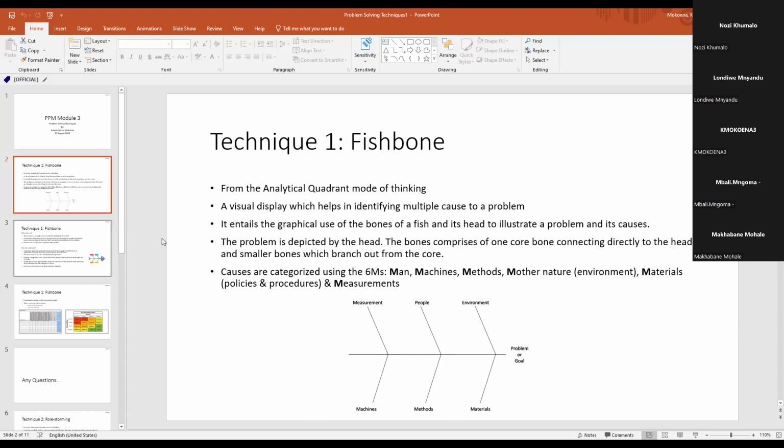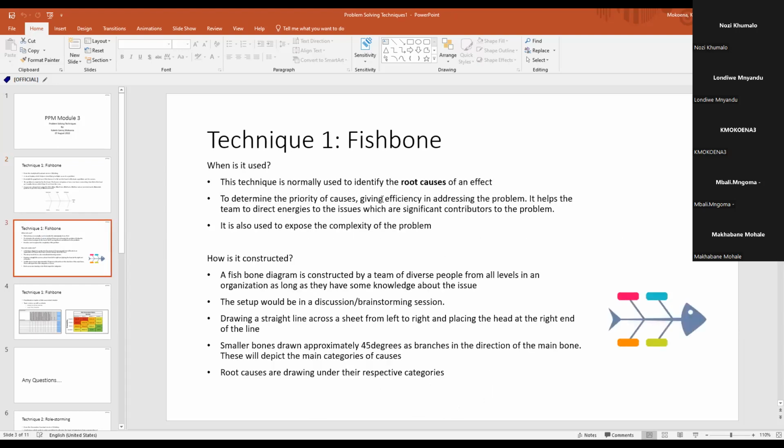And then, so when do we use it? Normally it's used when you want to identify root causes of a problem. And then you also want to prioritize the causes. So more like what Mbali presented, you just want to arrange your problems in a way that you can focus on the ones that are prioritized.